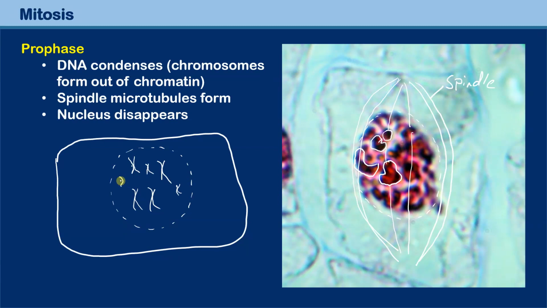Maybe one over here. Strictly speaking, I kind of aligned them already, but there's no reason. Maybe some chromosomes are on the side like this. It's a little bit scattered throughout. And over here we have the spindle microtubules starting to stretch, and they also attach to the centromere of the chromosomes.